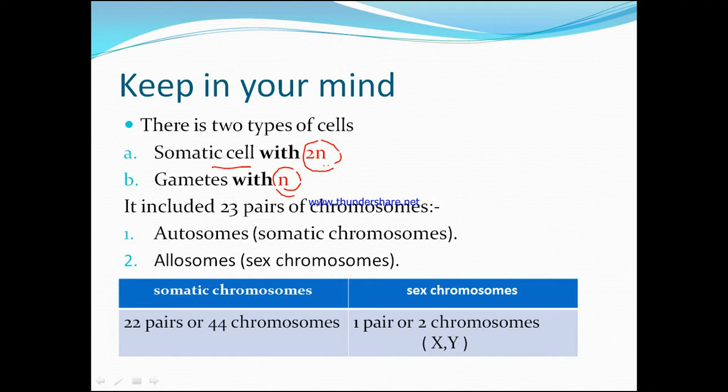Each cell, including gonads, contains 46 chromosomes that are arranged in pairs, so we have 23 pairs of chromosomes.